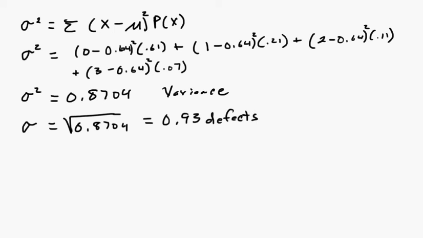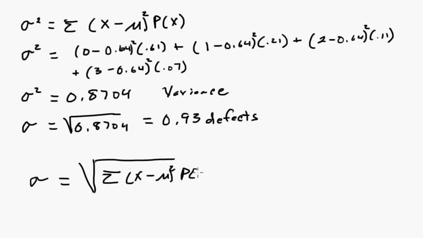That's the standard deviation. Now, if you want, develop a habit: start with the square root of the sum of the outcome minus the expected value squared times P of x.